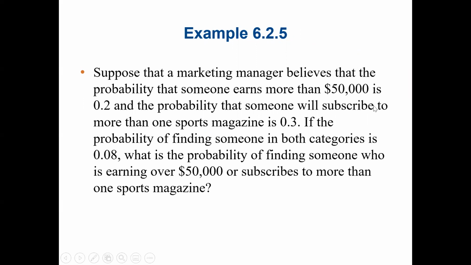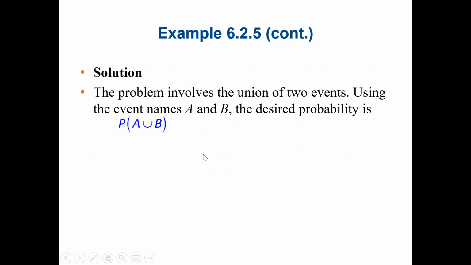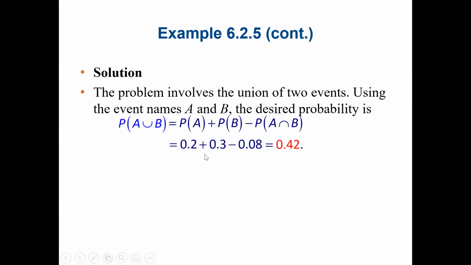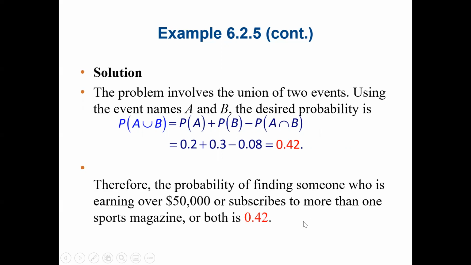If we subscribe to magazines, the probability is 0.3. Now, if both is 0.08, it will be 0.2 plus 0.3 minus 0.08, and that will give us 0.42. Therefore, the probability of finding someone who is earning over $50,000 or subscribes to more than one sports magazine, or both, is 0.42.